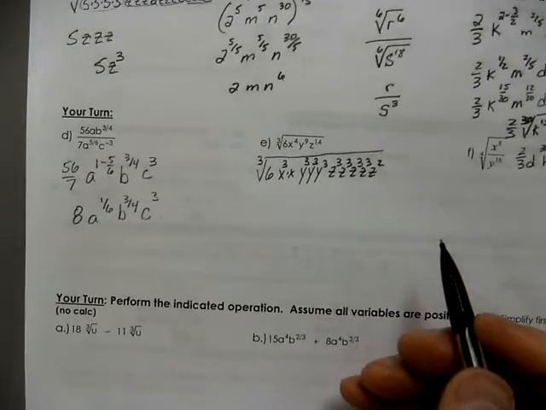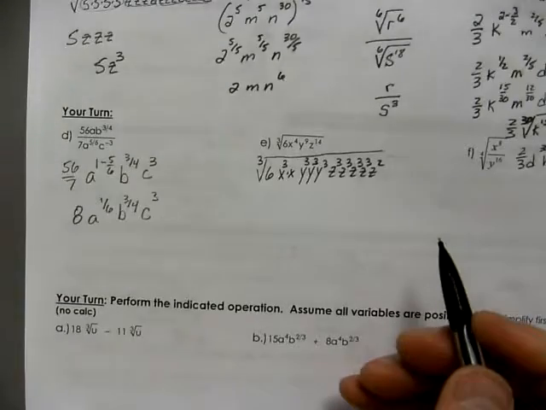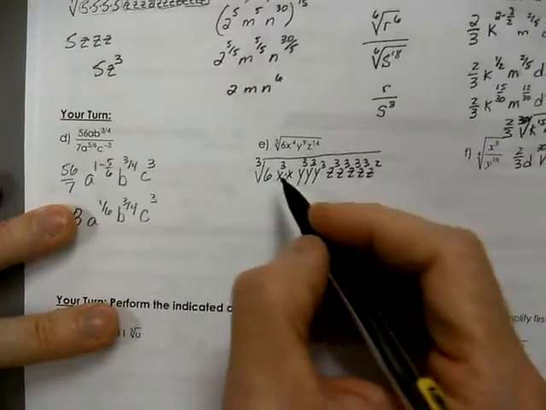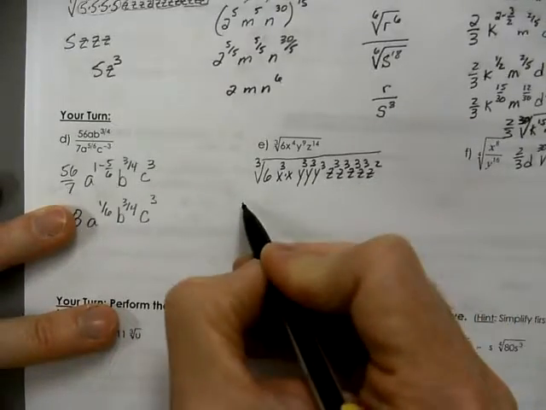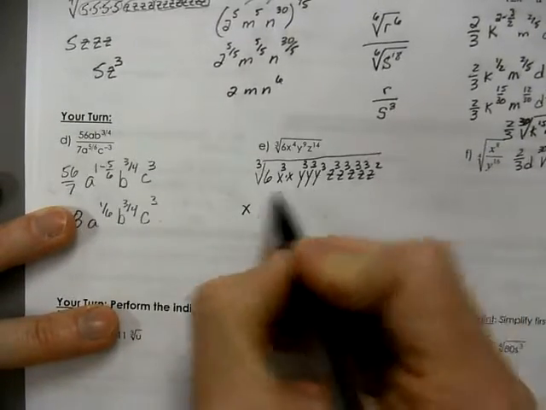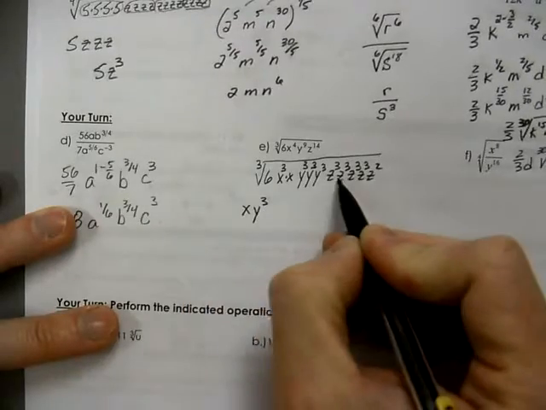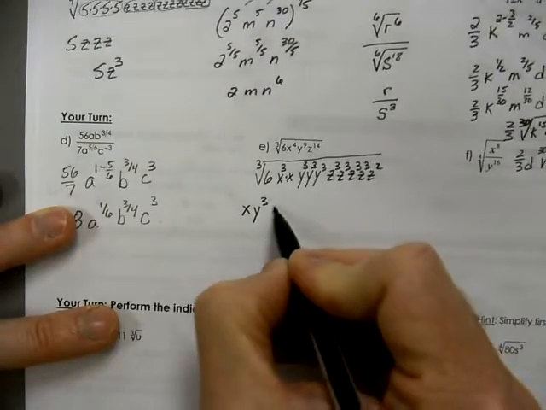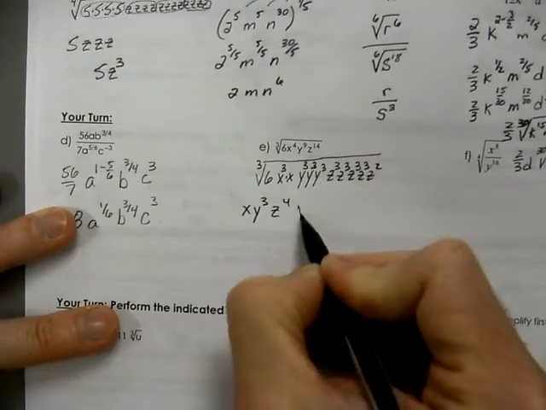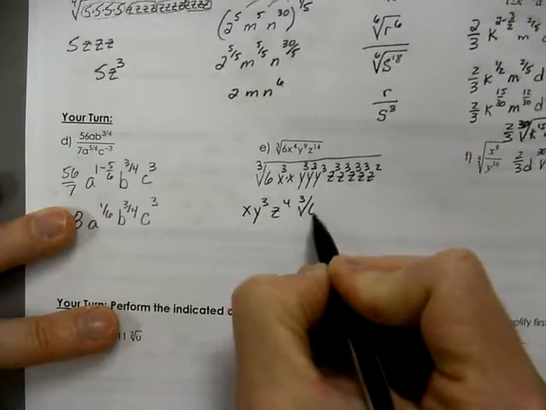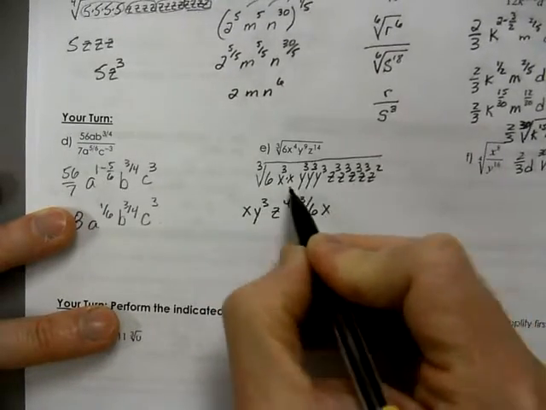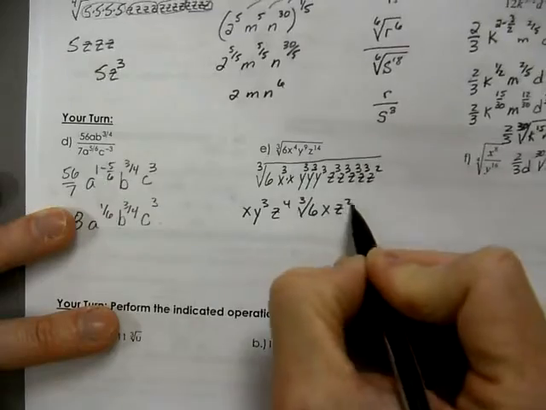And 6 is broken down into 2 times 3, but there's not 3 of a kind. So I'm looking for any 3's of a kind. Here's an x. We have y 3 different times. We have z 4 times. Left inside, we still have the 6, we still have an x, and we still have a z squared.